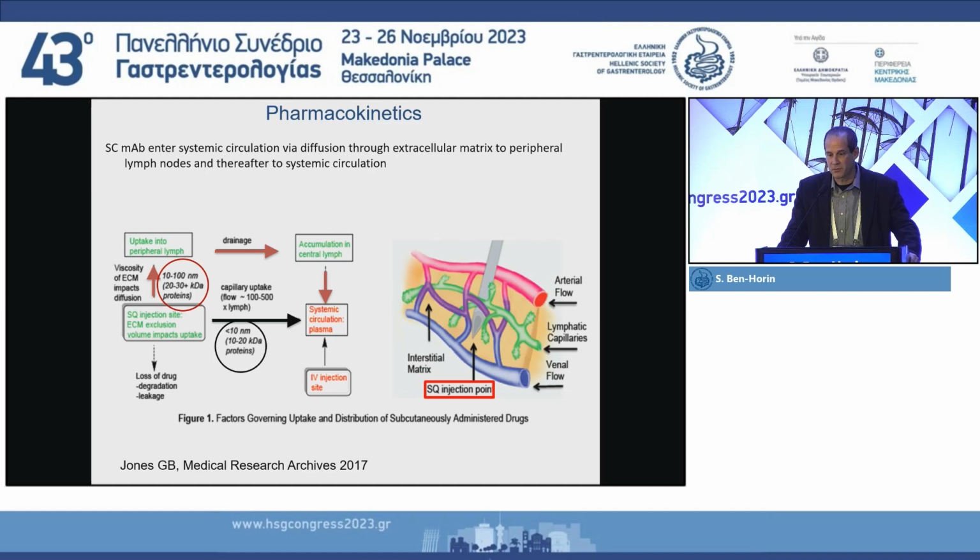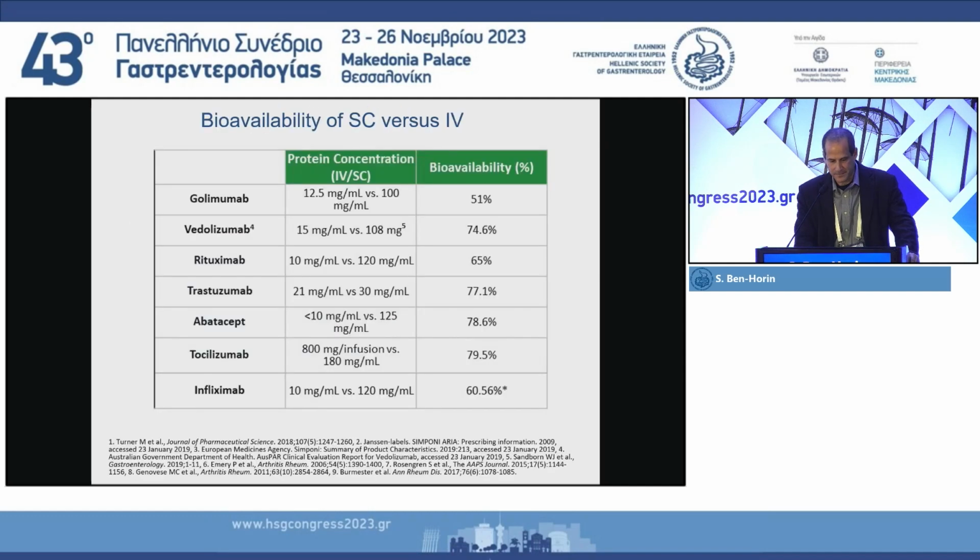They go through the extracellular matrix and then drain into lymph nodes, from where they eventually go into the systemic circulation. So already by this figure, you realize that there might be differences between the two in terms of rapidity of dissipation into the systemic circulation, possible effect of edema at the site of injection, which we will touch upon a little bit, but also in terms of immunogenic presentation of antigens.